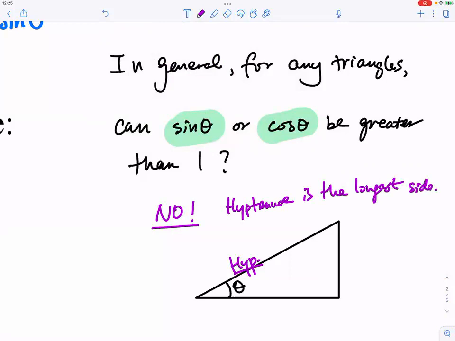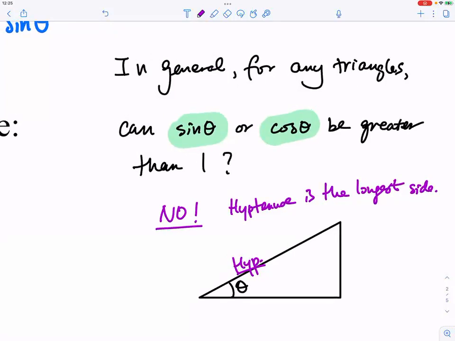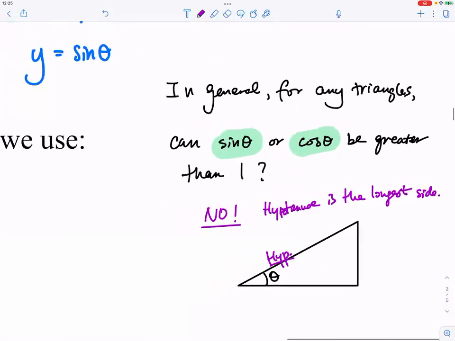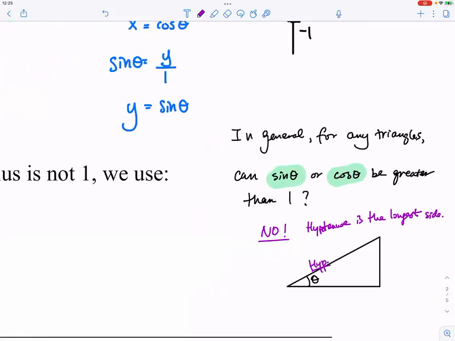So if you ever find that sine theta or cosine theta is bigger than 1, you need to be like, wait a second, something is wrong. That's not possible. The hypotenuse is the longest side, so you can't really have a value bigger than 1.